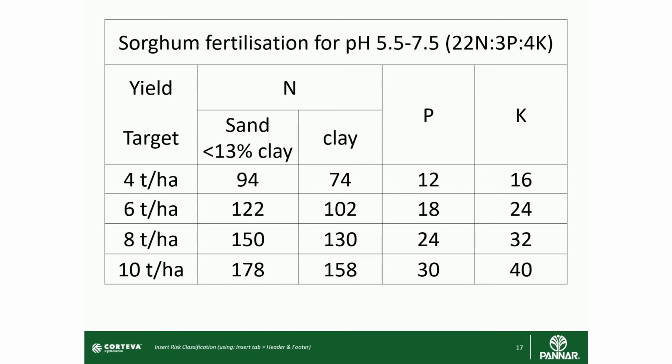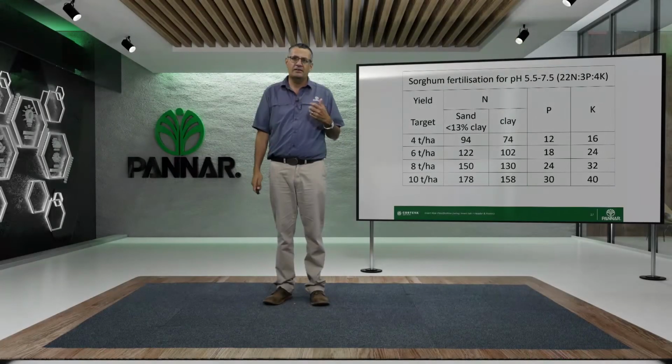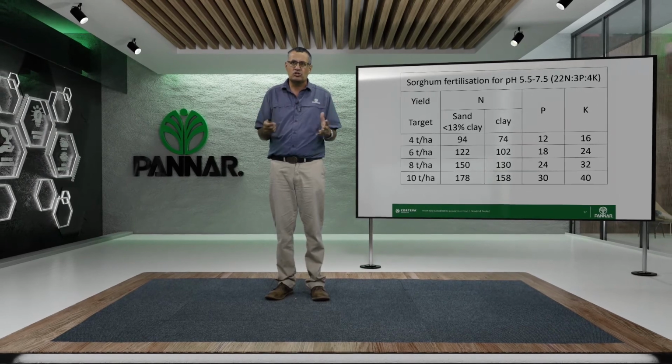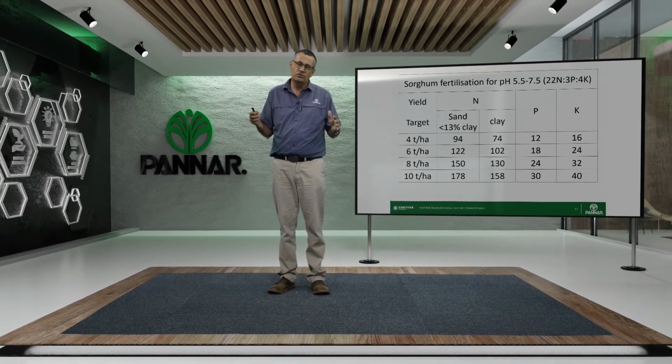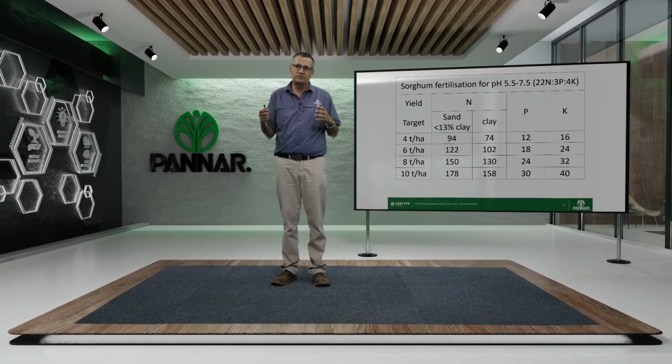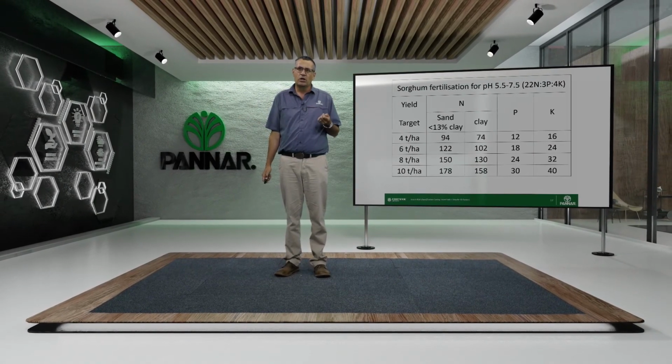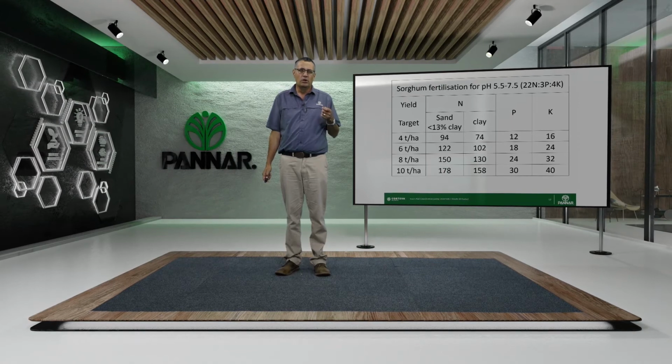In sandy soils we recommend a little bit more nitrogen than in clay soils due to leaching, and also in sandy soils we want the plants to be a bit stronger, so you can use a little more nitrogen to stimulate a stronger plant. So your yield goal and your potential will determine what fertilizer you use.